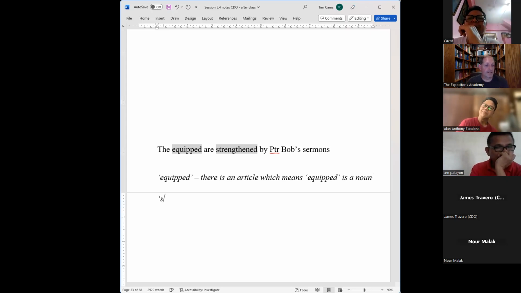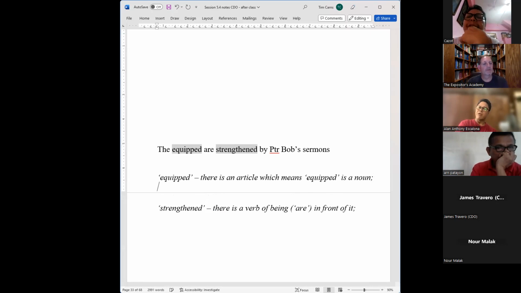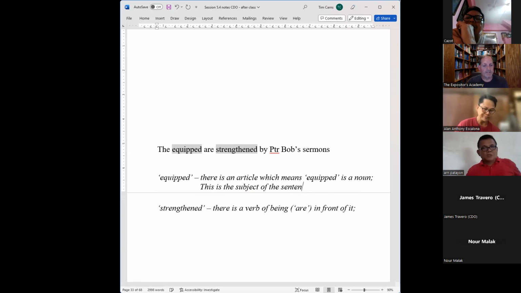Now for strengthened, there is a verb of being in front of it. So that tells us equipped is the subject. Yes, very good. So equipped is the subject of the sentence, and strengthened is not a participle, it's a regular verb.